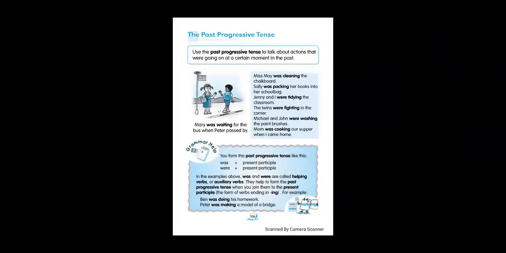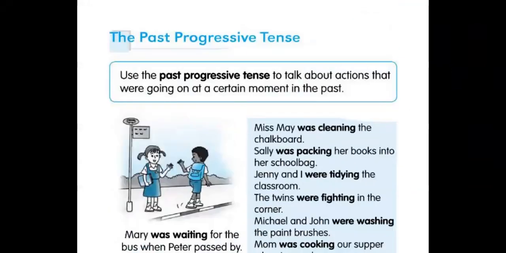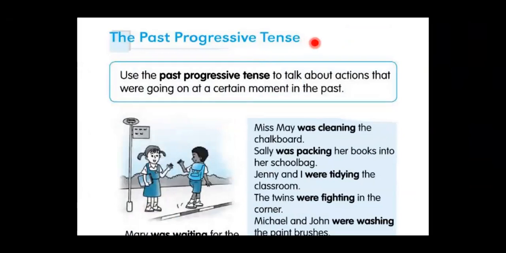Now we are going to see past progressive tense. Have you understood simple past tense? In simple past tense, what did we learn? Regular and irregular verbs. Adding ed, and some irregular verbs we don't add ed. Now in past progressive tense, let's see what we use over here.